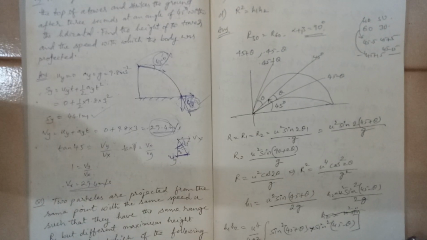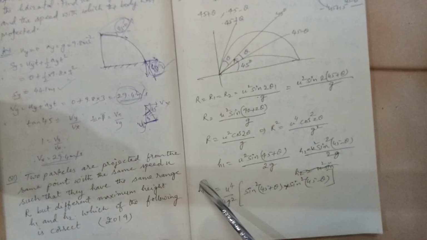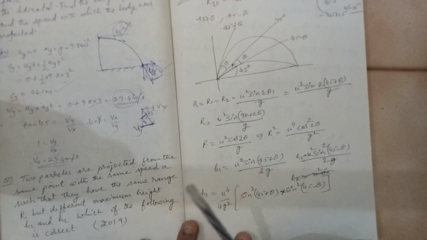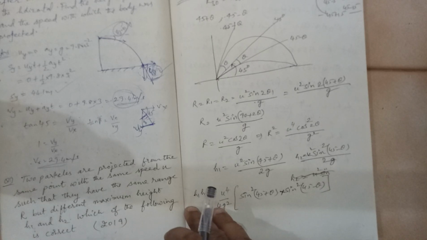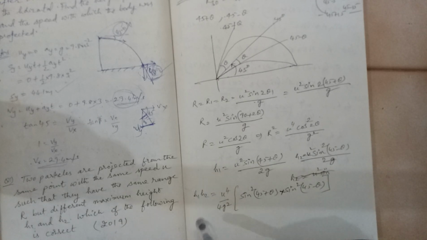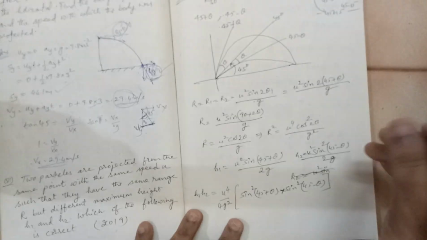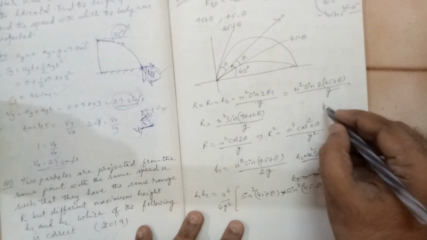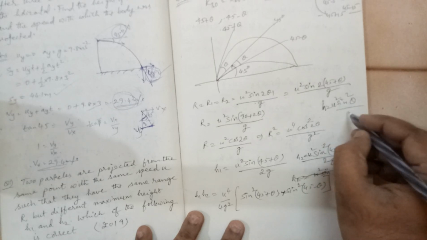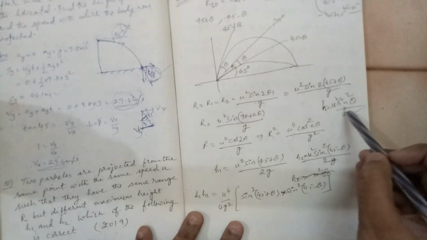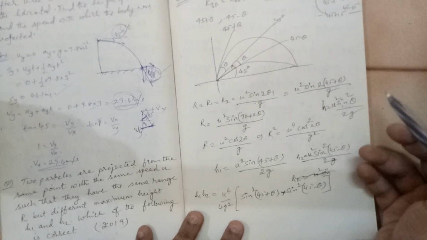Now we need to find H1 and H2. We have the expression for height. What was the expression for height? H is equal to u square sine square theta by 2g. We have derived this expression. When theta becomes 90, the height will be maximum.